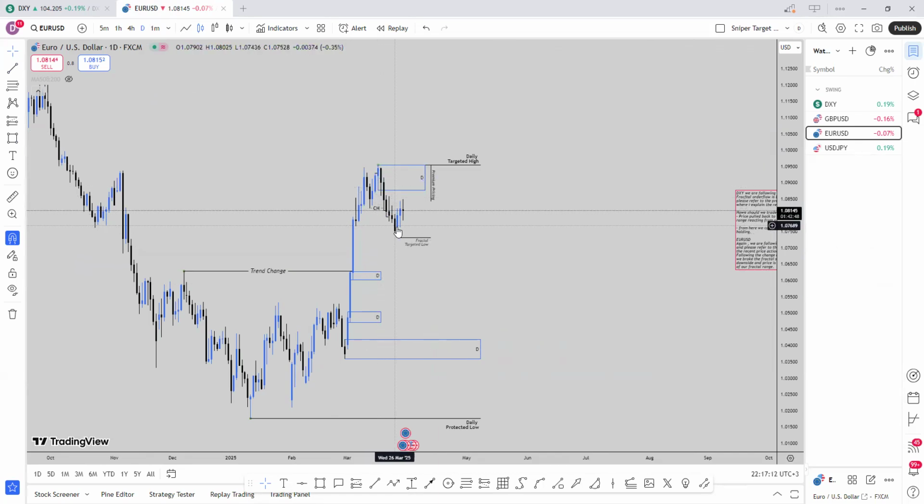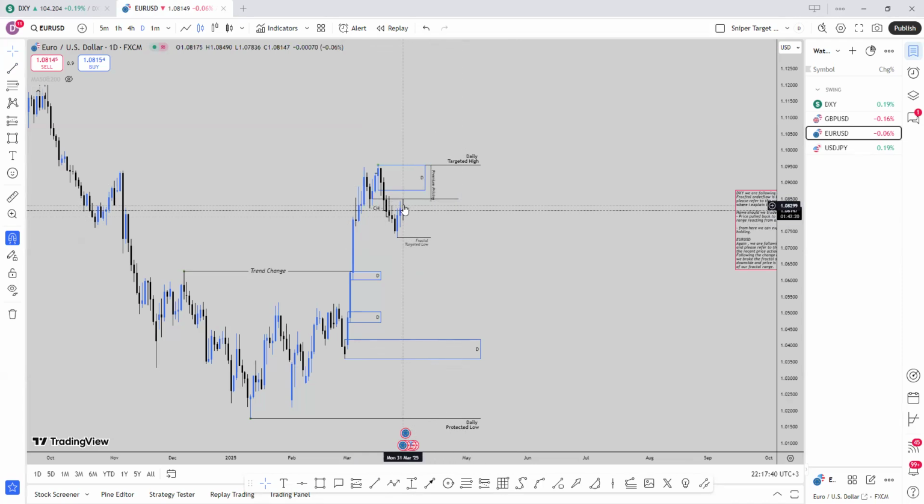Once you get that change of character, our expectation is for price to pull back into an area of value, and our area of value should be this refined order block, the supply order block. But the true order block starts from that. And as you can see, price actually did manage to come all the way to that and retest that order block.